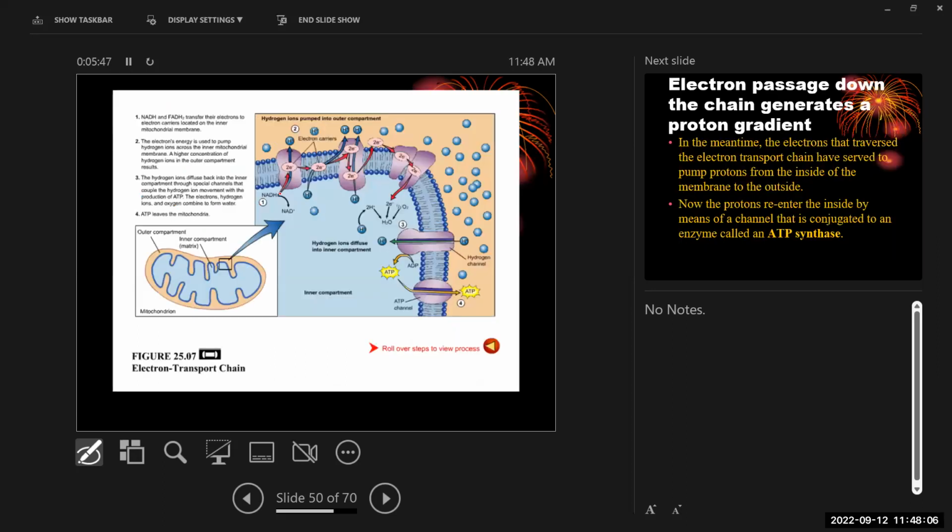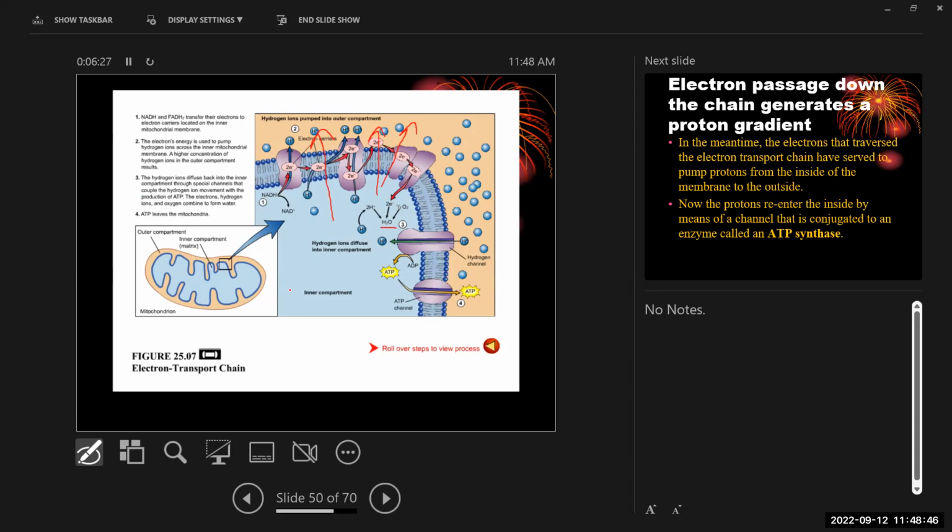So as these carry their electrons, the extra hydrogen ions get pumped essentially to this compartment between the outer mitochondrial membrane and the inner mitochondrial membrane. And as you take electrons down this chain to molecular oxygen to make water, you're going to keep pumping hydrogen ions into this intermembrane space.